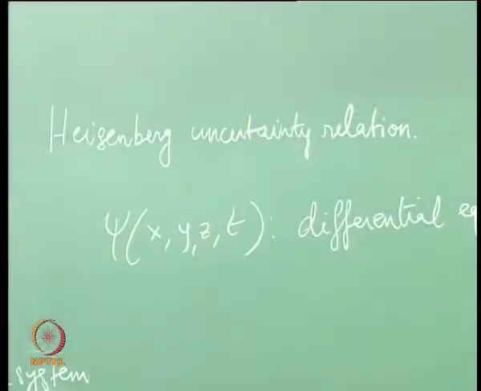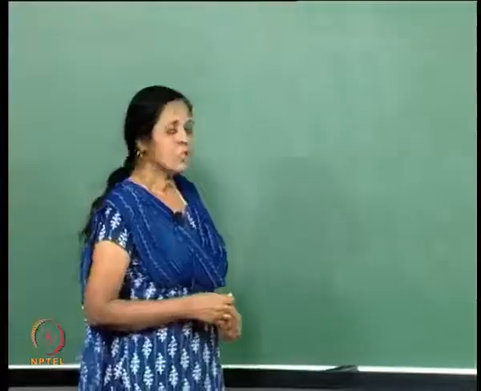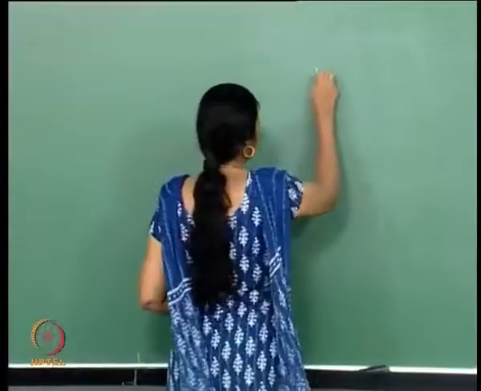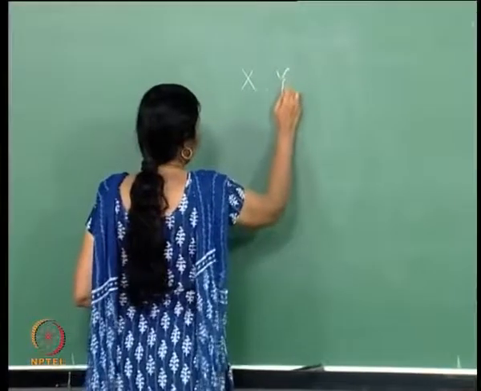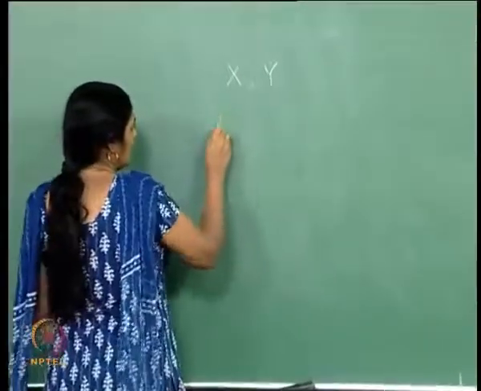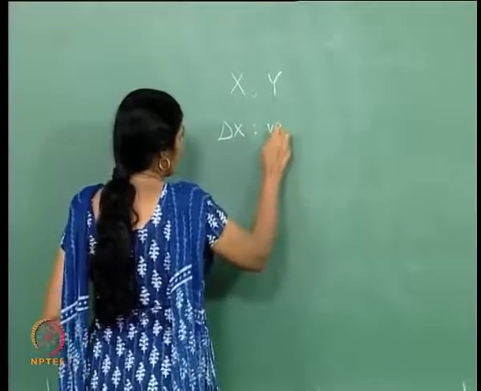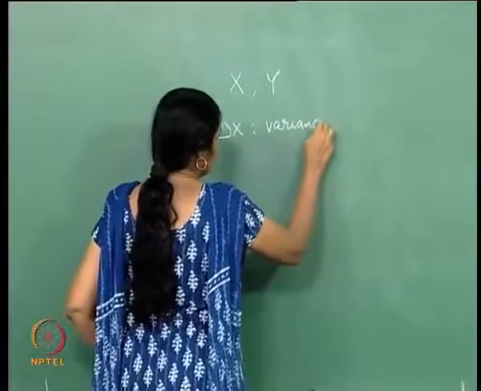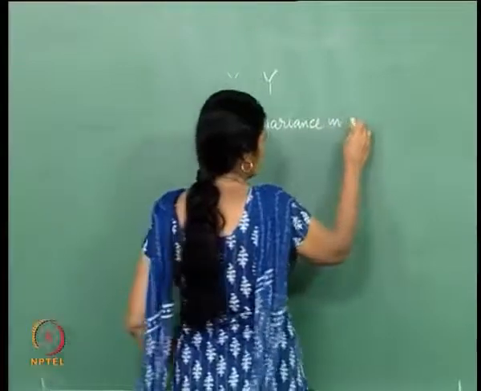So, what is the Heisenberg uncertainty relation? Suppose we consider two observables x and y, and delta x is the variance in x. I make measurements in a certain state of the system.